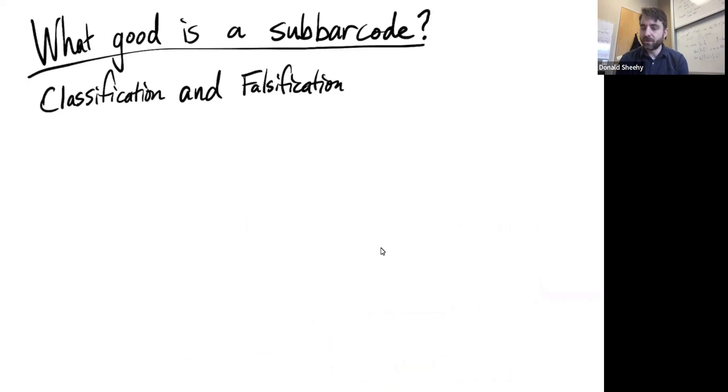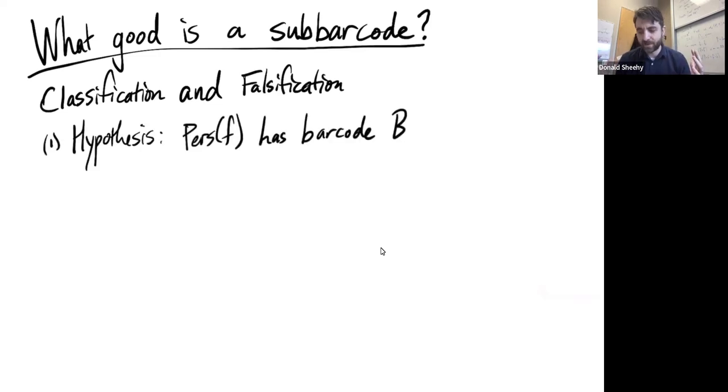So if you imagine that you're doing some kind of classification, in particular, if you want to do falsification, that is, you've got some hypothesis. You say, you know what, I think that the underlying function had a particular barcode. So I have this barcode B in mind that I think maybe my data came from.